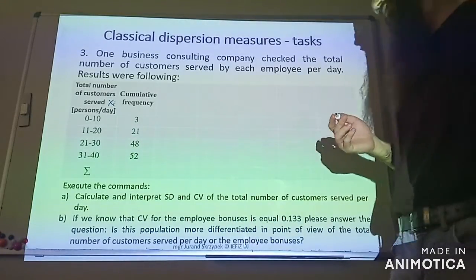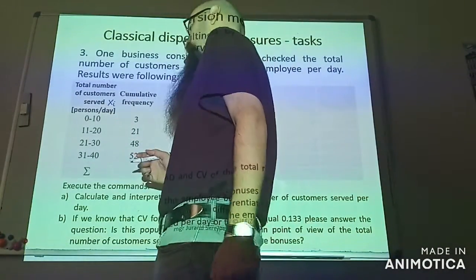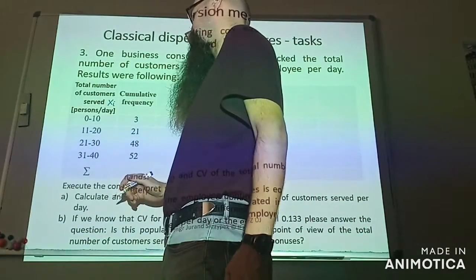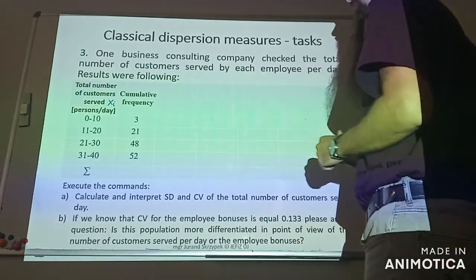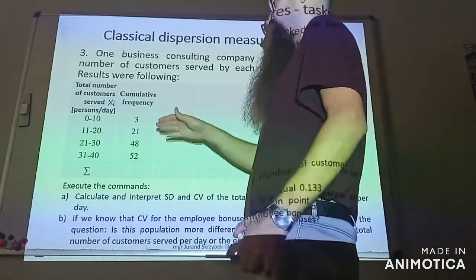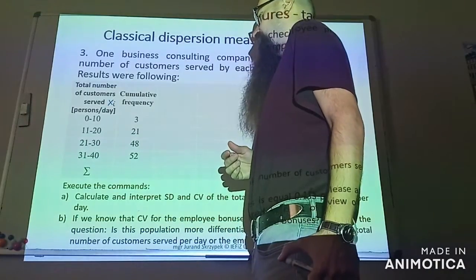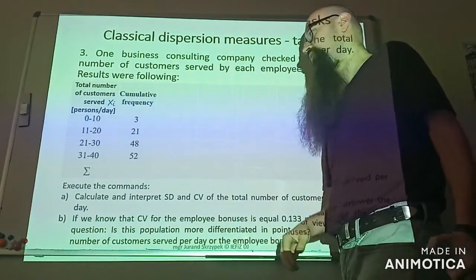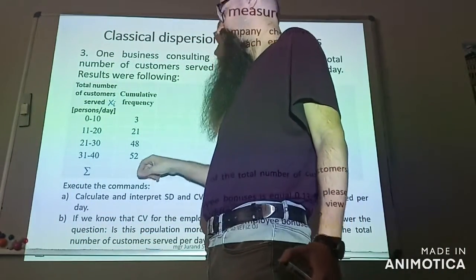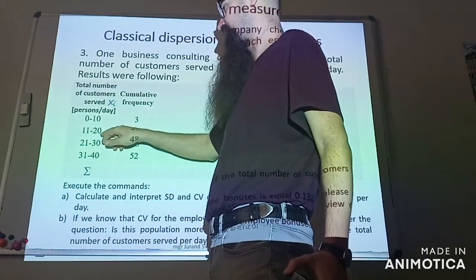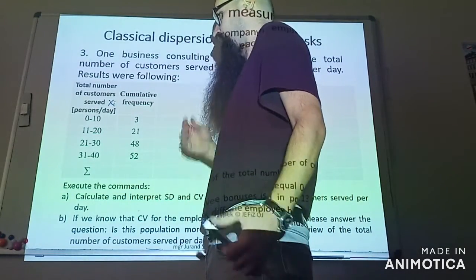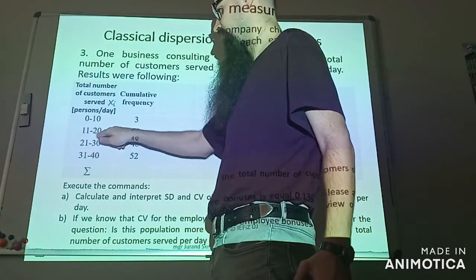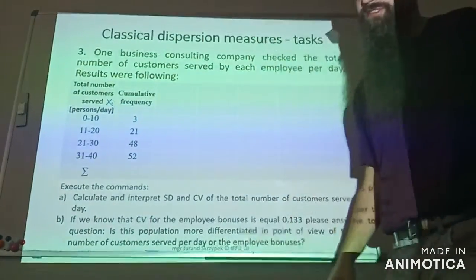Let's assume that the symbol of the variable is xi. Here we have 4 classes of total number of customers served per day, and here we have the information about the workers. Cumulative frequency here answers the question how many workers are characterized by the total number of customers served not higher than the upper bound of a particular class.